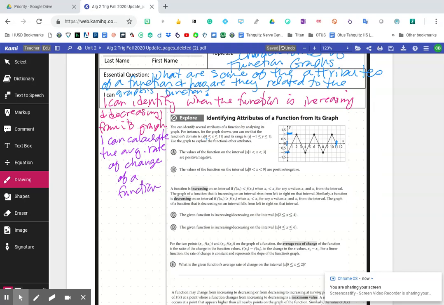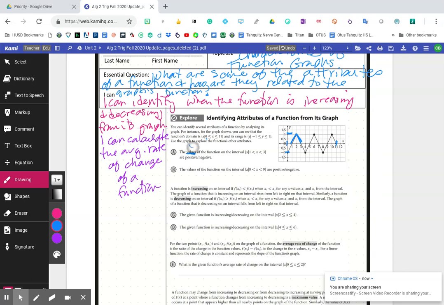Use the graph to explore the function's other attributes. So the function has the values of the function on the interval from 1 to 3. What it's saying is from 1 to 3. The values mean what are the y values. So when you see value, I did not mean to cross that out, I meant to underline it.